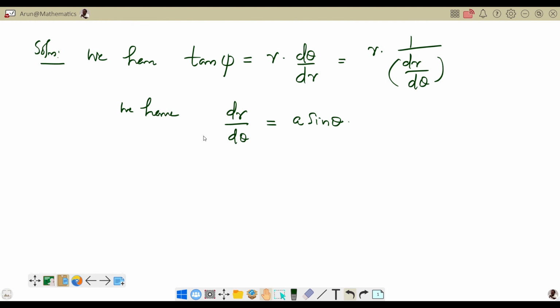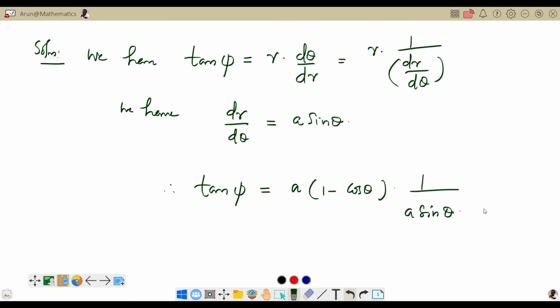Therefore, tan phi equal to a into 1 minus cos theta divided by a sin theta. So this is equal to 1 minus cos theta divided by sin theta.